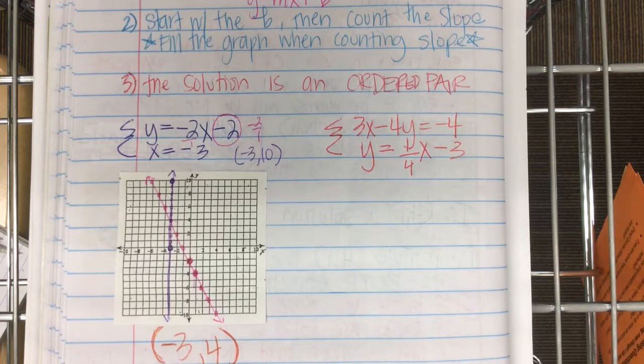Okay, write down that system. 3x minus 4y equals negative 4, and y equals 1/4 x minus 3.